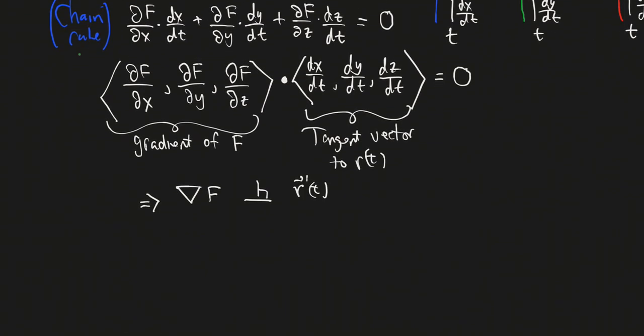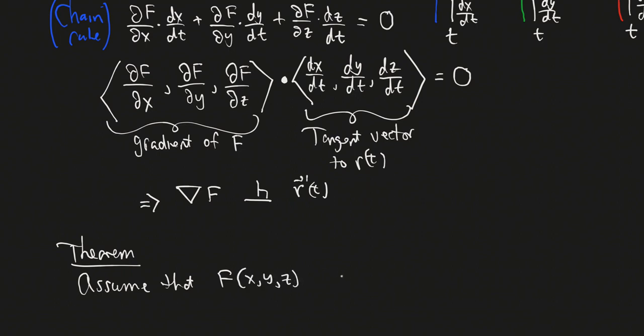So essentially, we have proven this theorem. So here is our theorem, and again, this is a second property of the gradient, and it says this: assume that this function has continuous first partial derivatives.